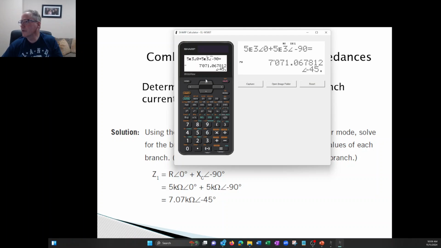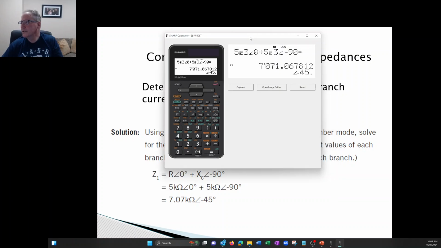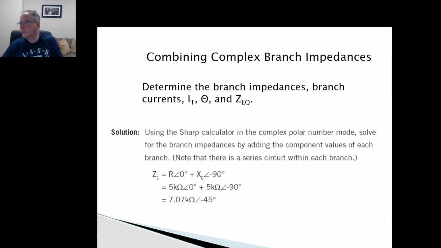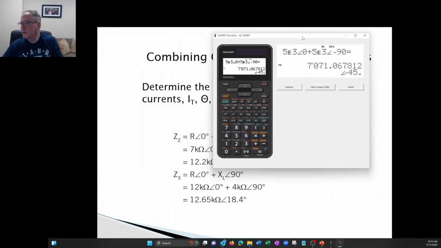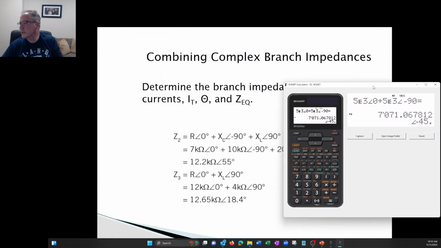And we hit equal, we end up with 7.071K at an angle of negative 45. All right? And then if we do the same thing with the branches Z2 and Z3.